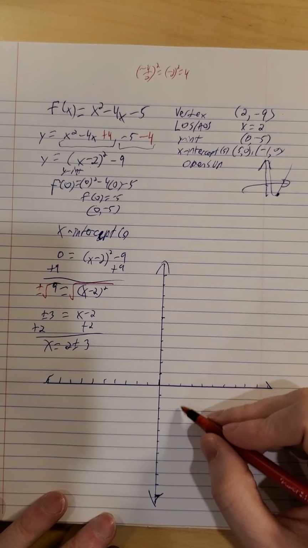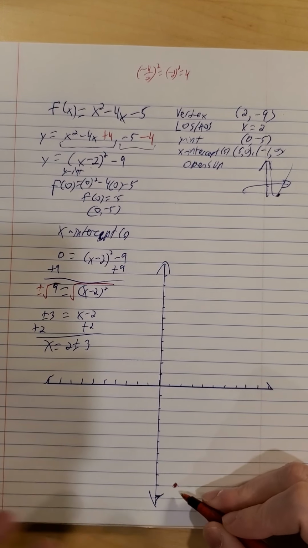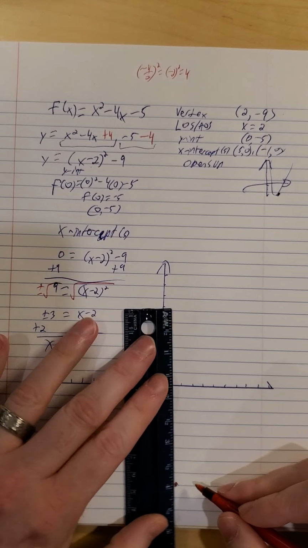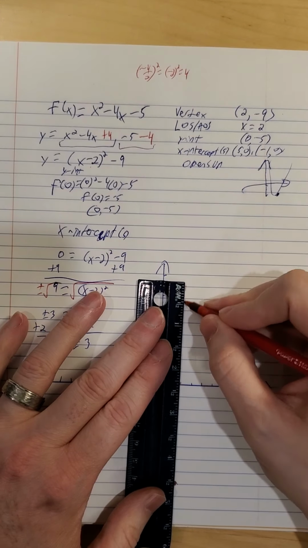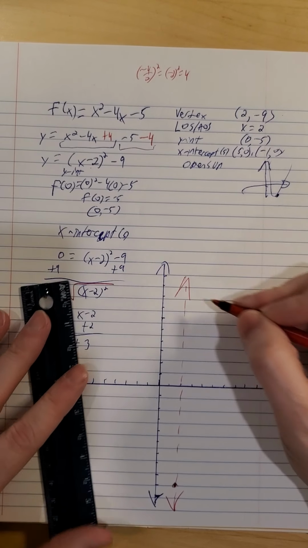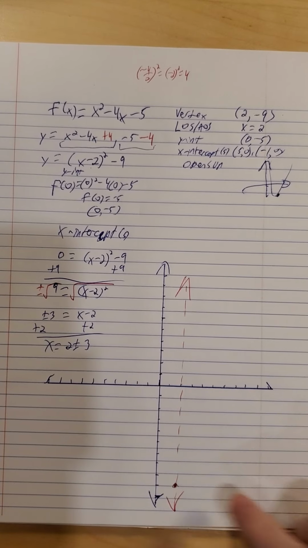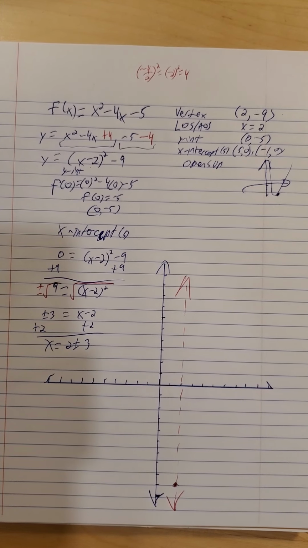So a vertex at 2, negative 9. Line of symmetry at x equals 2. So dotted line, not solid line, just because only this point is actually part of our graph. The rest are guiding us on how to find other points on our graph.